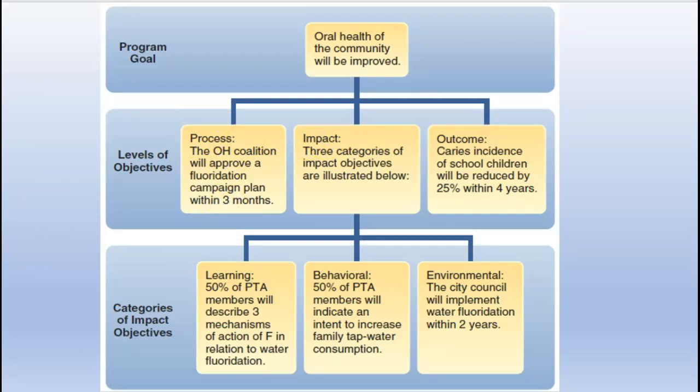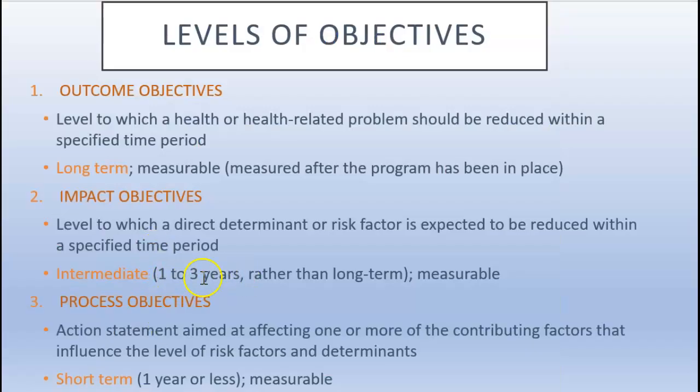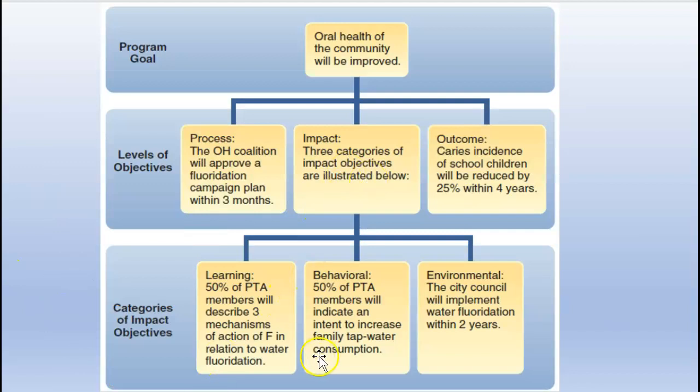Impact is when it's between 1 to 3 years. And so if you look over here, this is all within 2 years, right? So 2 years falls under the impact category. And then outcome is if you want the caries incidence of school children to be reduced by 25% within 4 years. So look at the timeline over here, 4 years.